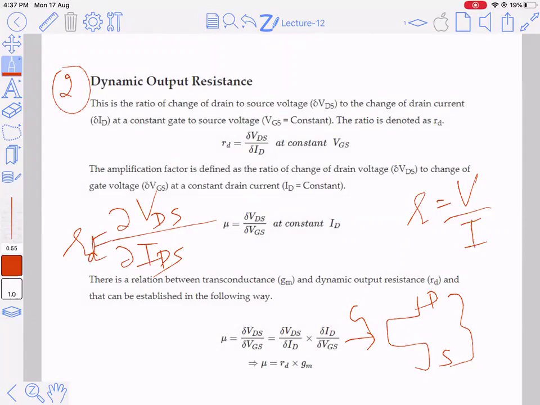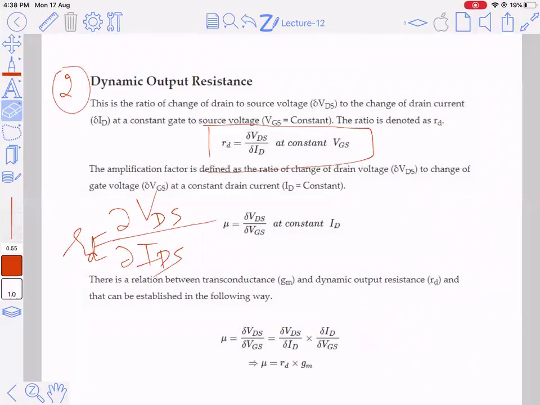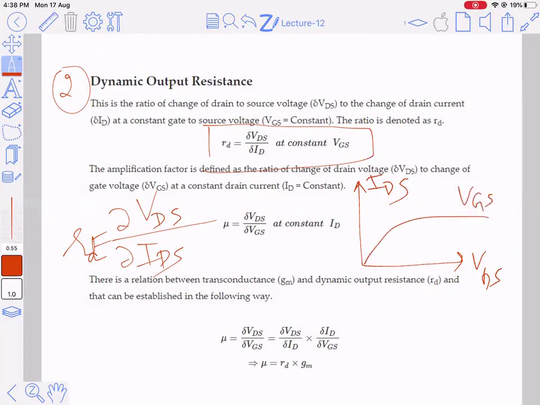So we define RD, that is dynamic output resistance, as delta VDS divided by delta IDS at constant VGS. Which characteristic is going to give this? The output characteristic. Delta VDS, delta IDS for one graph, for some constant VGS.